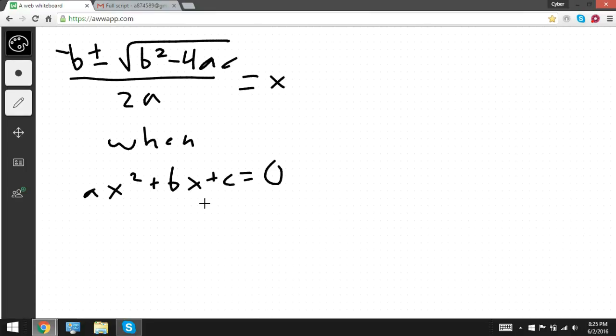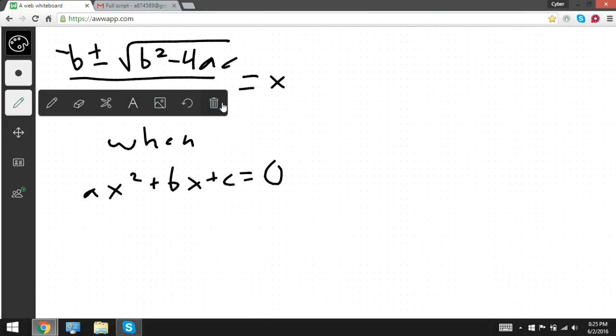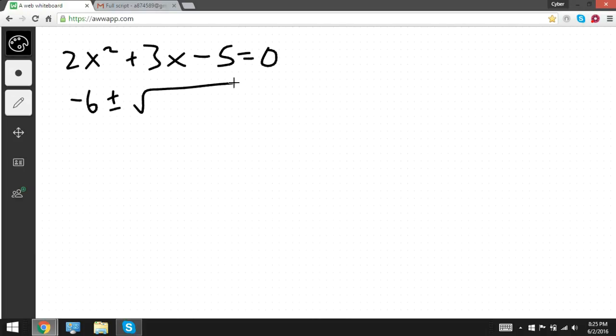Okay, so then we just plug it in. We're going to use the equation I showed earlier, 2x squared plus 3x minus 5, and solve for the roots using our formula. So, -b plus or minus the square root of b squared minus 4ac, all over 2a.